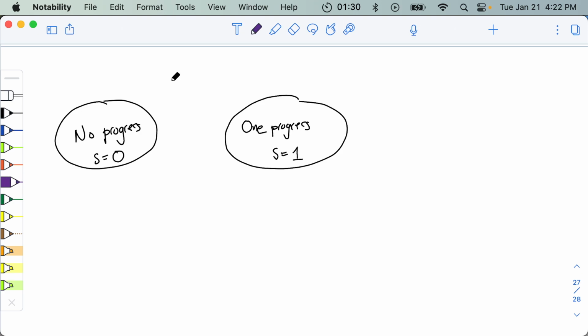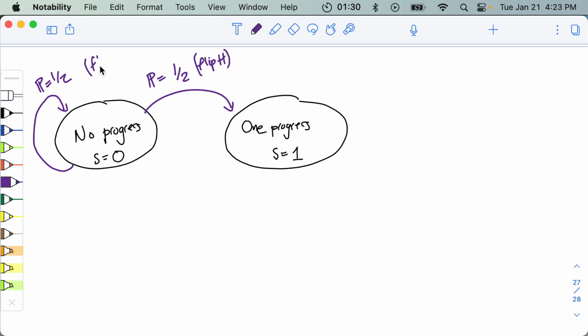You can draw these connections as little arrows of where you move to. Half the time you move this way, and half the time you stay where you are, which you draw as a little loop. Probability equals a half. If you flip heads, then you move up on your progress. But if you flip tails, then you stay where you are with no progress.